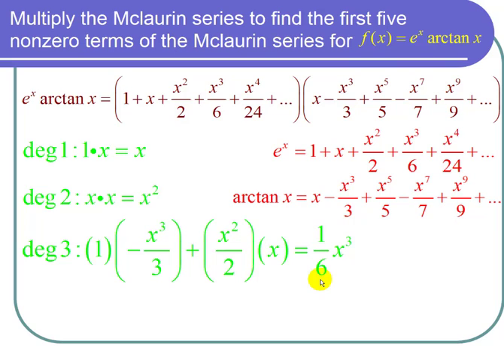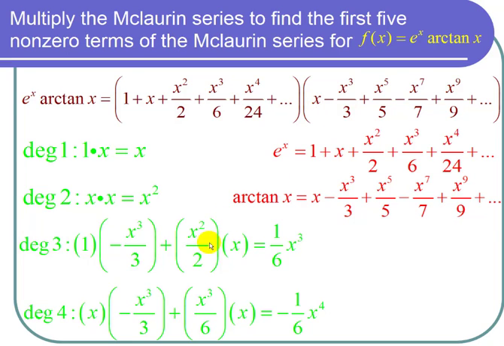So I get that the degree 3 term is 1/6 x cubed. Now let's work on the degree 4 term. That gives me x times negative x cubed over 3, and then plus x cubed over 6 times x. And when I work that out, I got negative 1/6 x to the 4th.